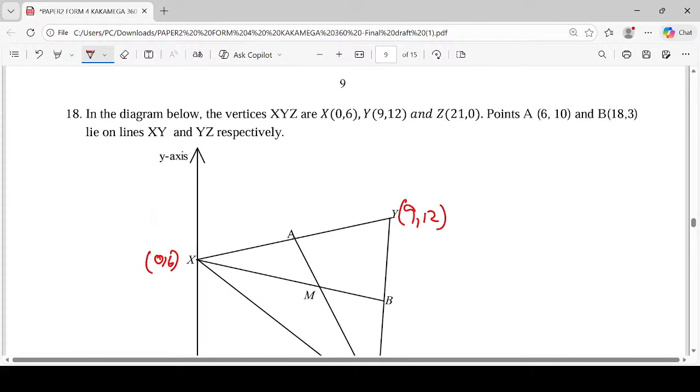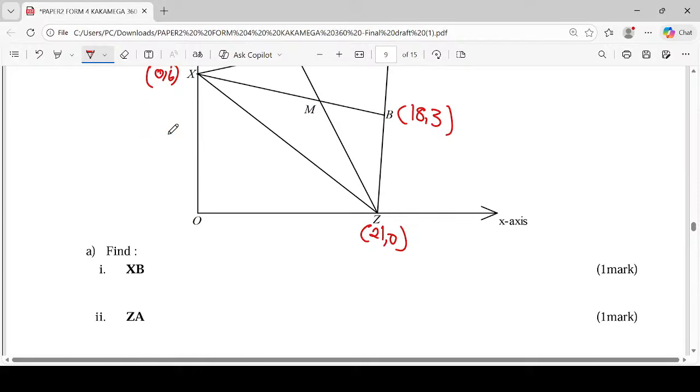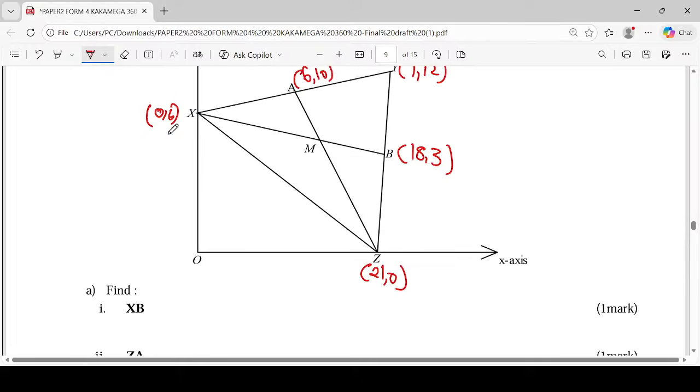Point A (6, 10) and B (18, 3) lie on lines XY and YZ respectively. Then you're being told to find XB.